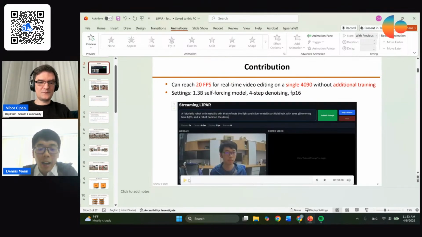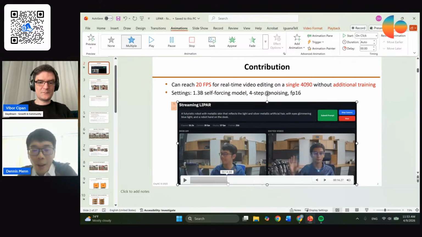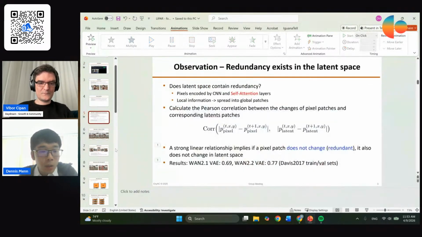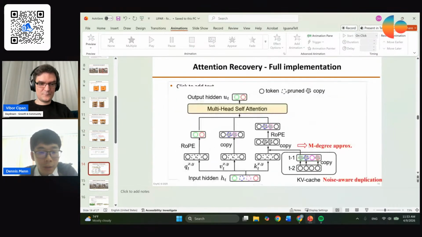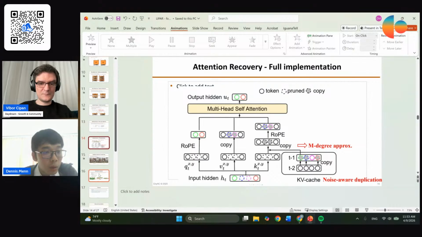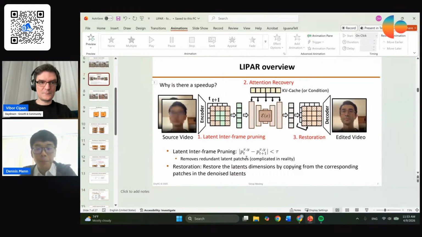This one, what I'm showing is called Streaming LIPAR. We do not use the L1 norm calculation. Here, we do not use this threshold.